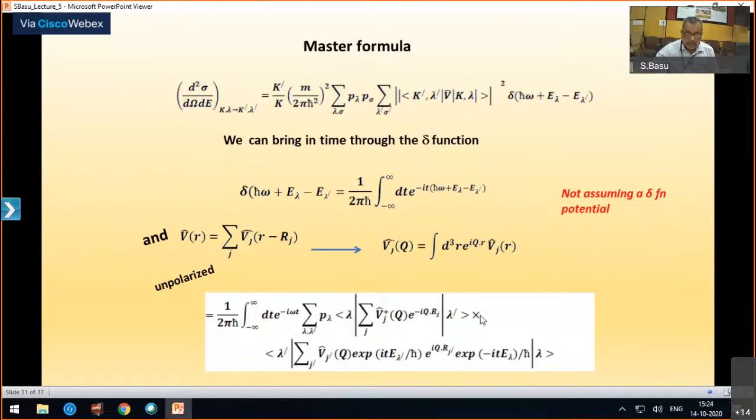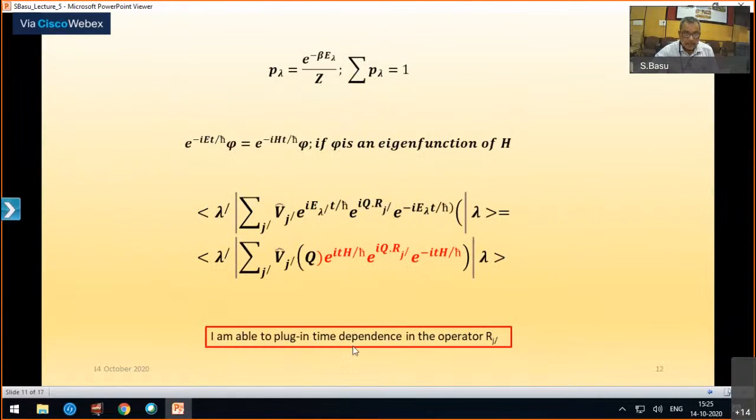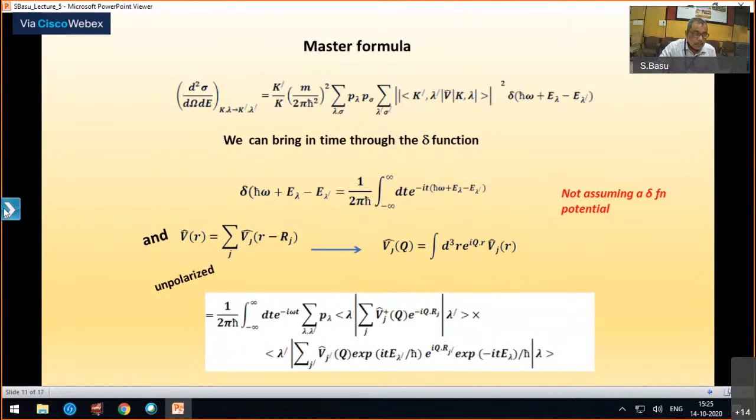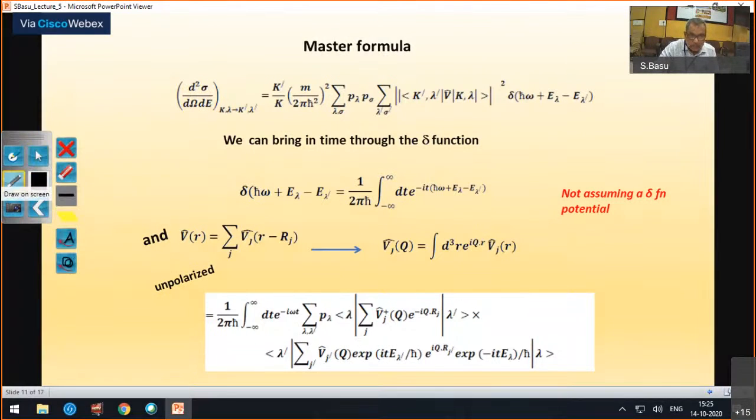So this is the one which I was trying to write down in longhand, and please notice this term. Please notice this term.